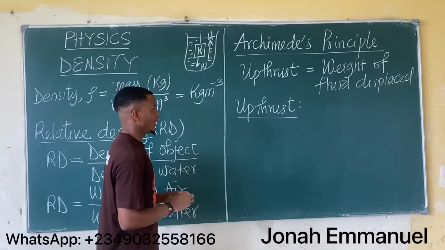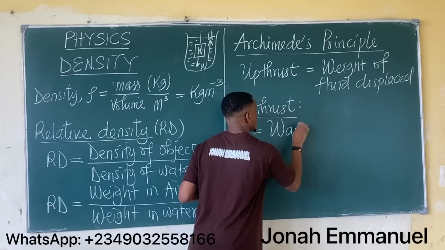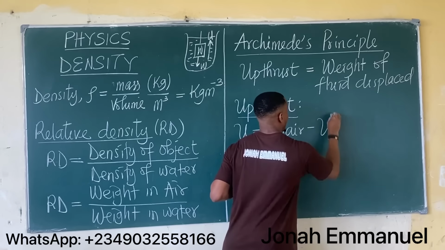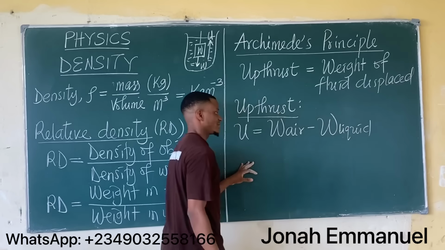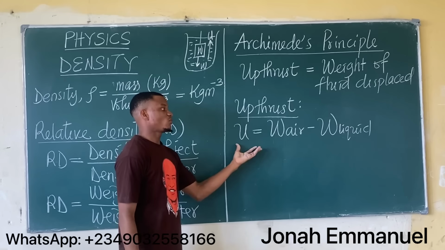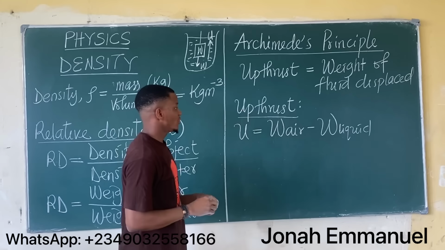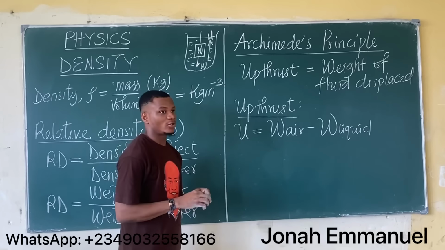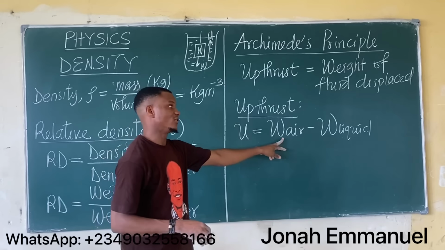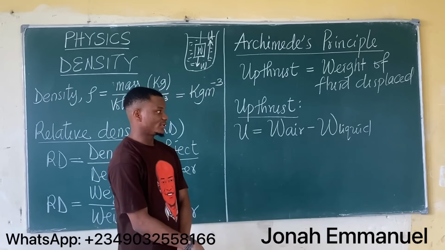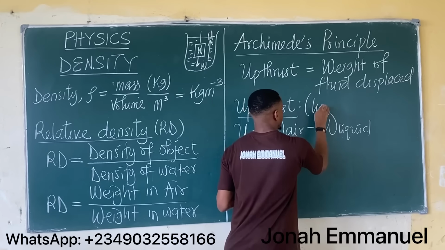Upthrust, U, mathematically is equal to the difference between the weight of an object in air minus the weight of that object in a liquid. So the upthrust that the liquid exerts on any solid or any body is equal to the weight of that body in air, minus the weight of that body in the liquid. Of course, upthrust is also known as loss in weight.